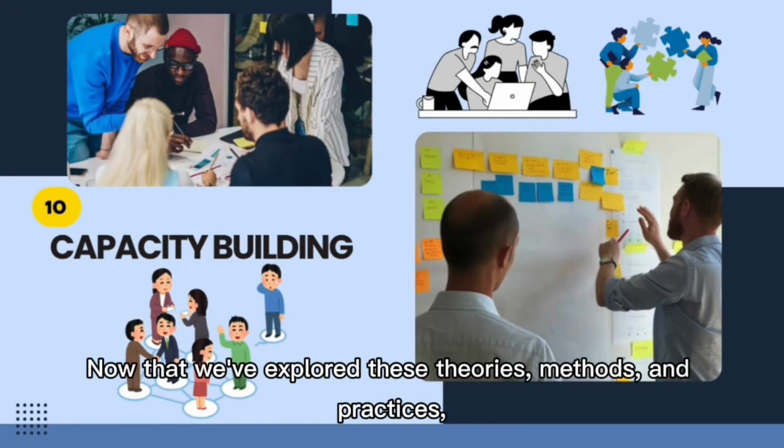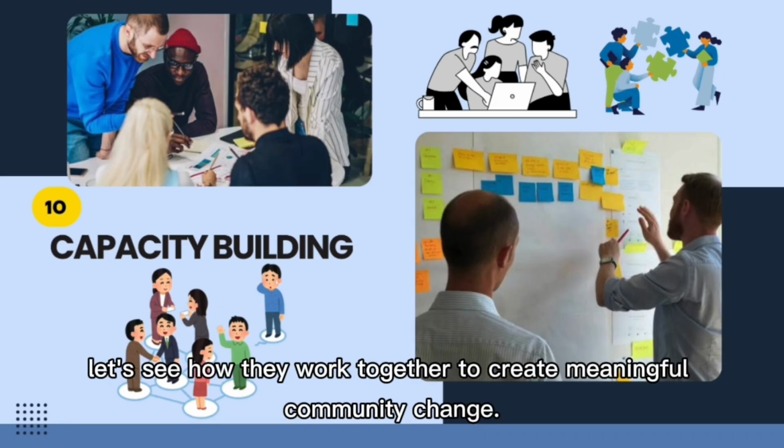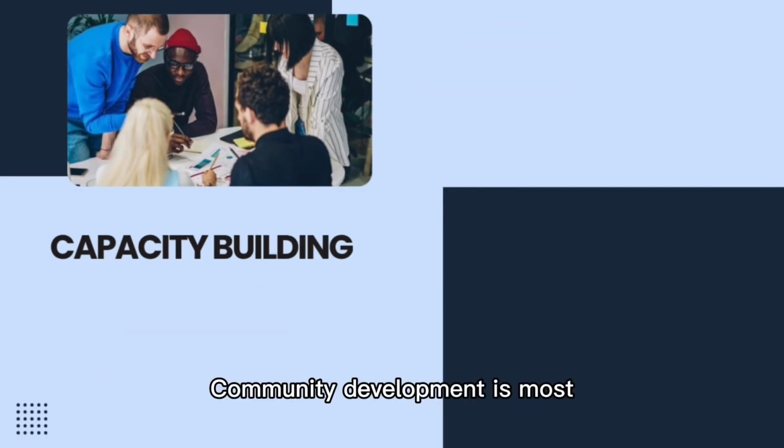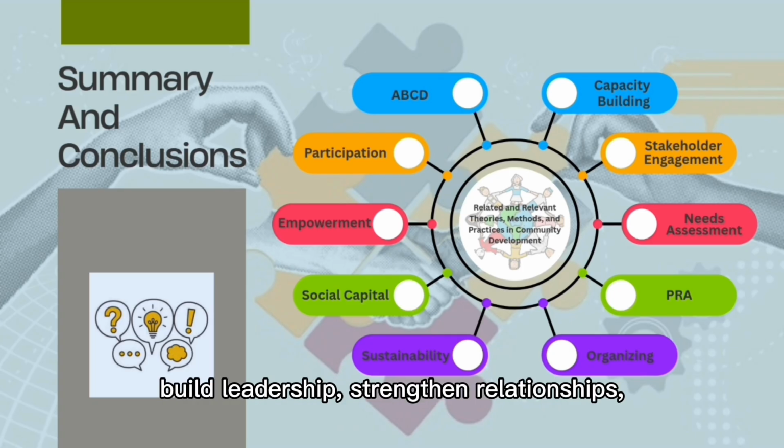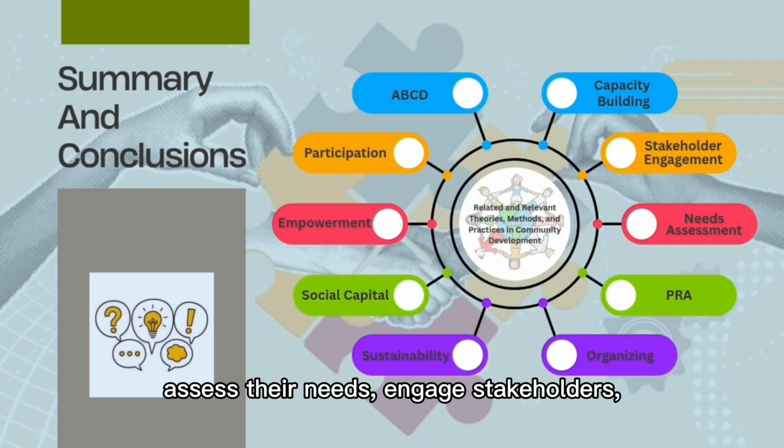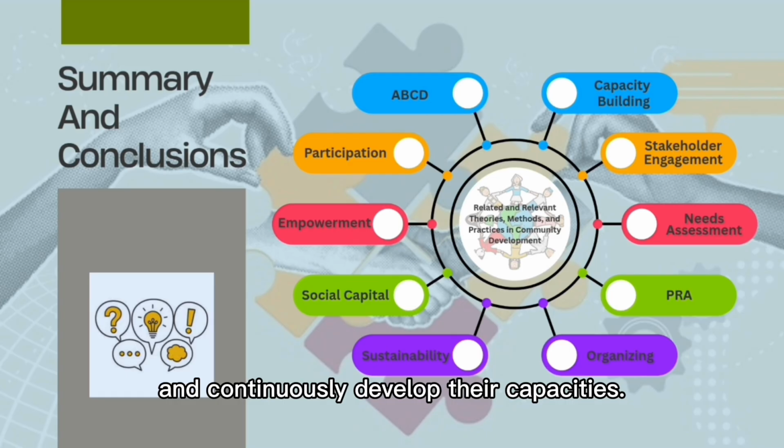Now that we've explored these theories, methods, and practices, let's see how they work together to create meaningful community change. Community development is most successful when communities recognize their strengths, actively participate in decision-making, build leadership, strengthen relationships, assess their needs, engage stakeholders, and continuously develop their capacities.